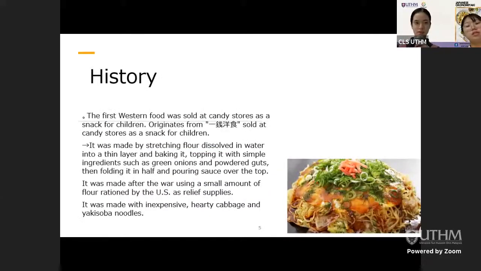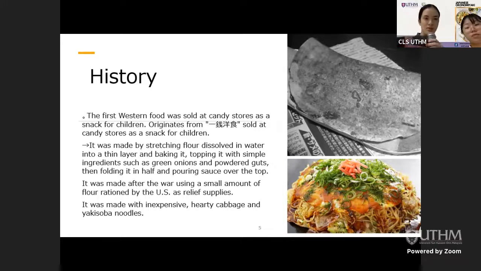History. Azumi Sensei said the same thing. The first was sold at candy stores as a snack for children. The original is Issen Yoshoku, sold at candy stores as a snack for children.